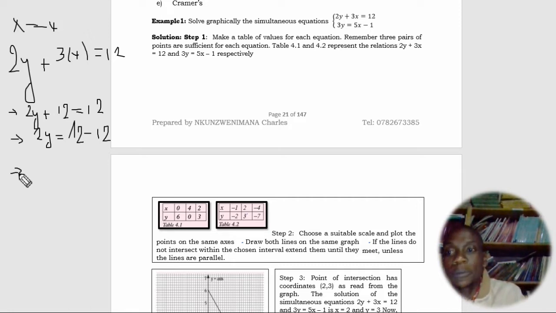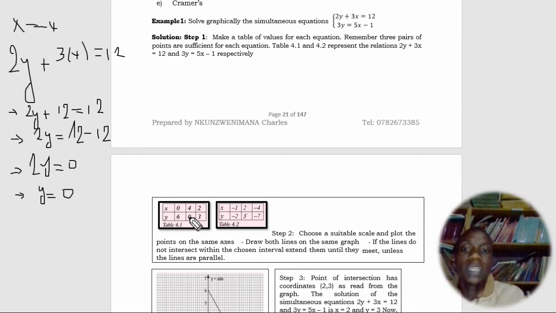Then it become 2y, which is equal to 0. This will bring 2y, which is equal to 0. See, if x equal 4, y will equal to 0.